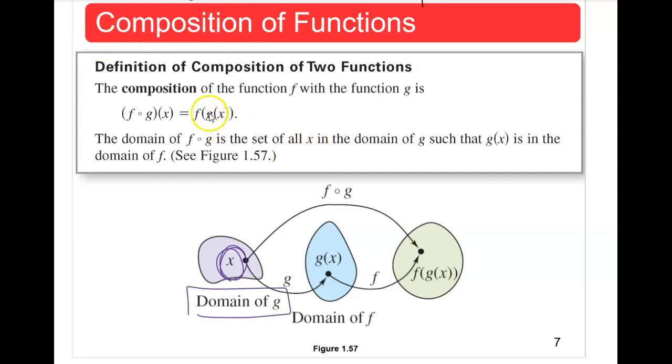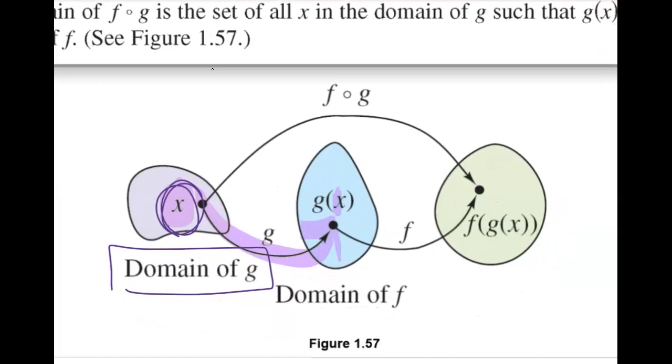So in this case, we have function g inside function f. And so what happens here is that the domain of g is called x. And so that x maps through the function g. We substitute that x in here.